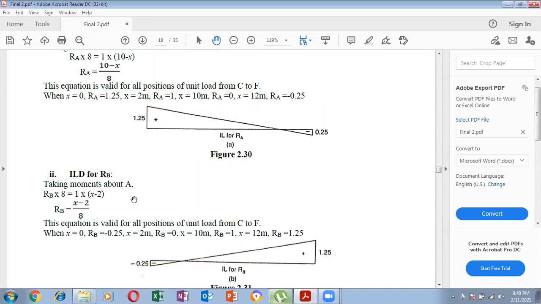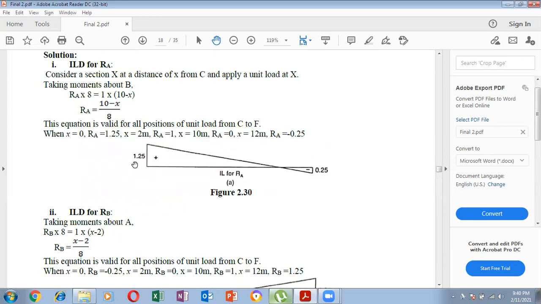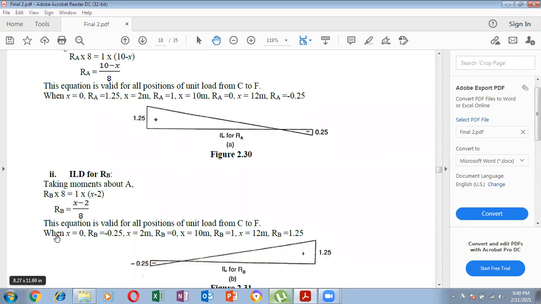This equation is valid for all positions of the unit load from C to F. Similarly, as we did for RA, applying the boundary conditions: x equal to 0, RB is equal to minus 0.25; x equal to 2, RB is 0; x equal to 10, RB is 1; and x equal to 12, RB is equal to 1.25.